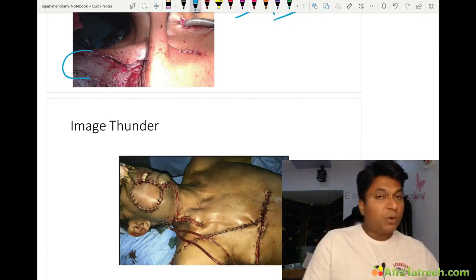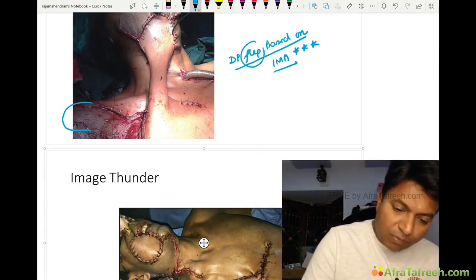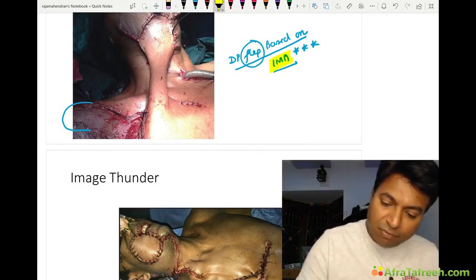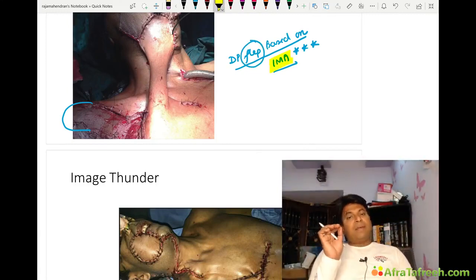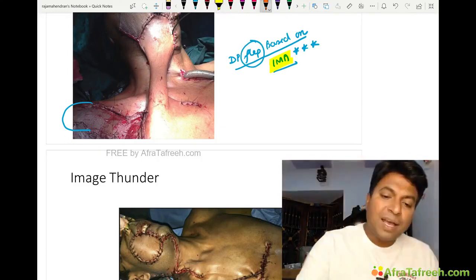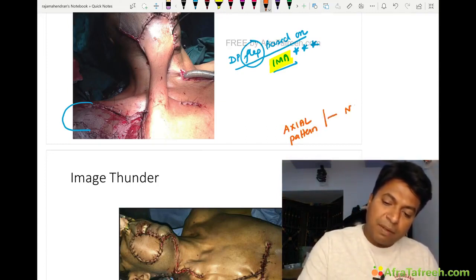At this point of time, I want to tell you, if you read a term flap, always remember the artery supplying the flap. All flaps will have one named artery. They are known as axial pattern flaps. Axial pattern flaps will have a named blood supply.